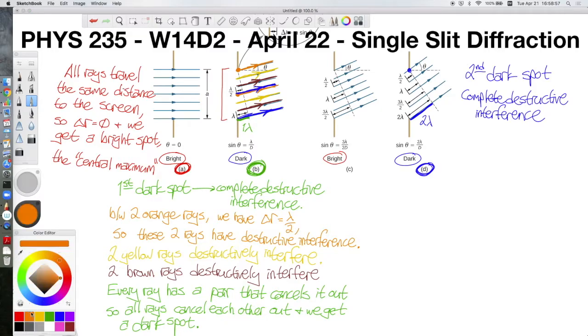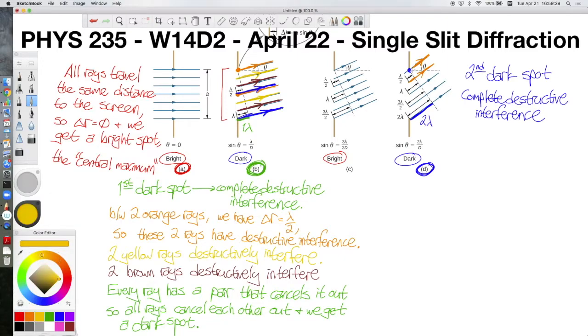So if we think about it first, this top ray up here that I'm mousing over in orange, to find the ray that completely destructively interferes with this orange ray, we need the ray that has a path length difference of half of a wavelength from the one we've drawn. And that is actually this second ray right here.